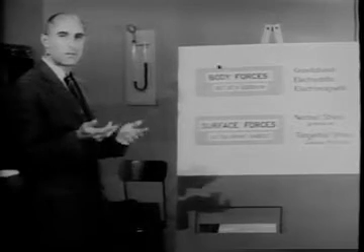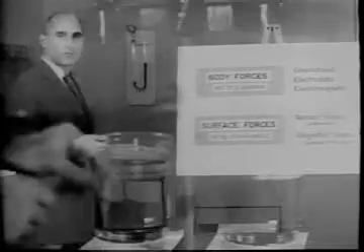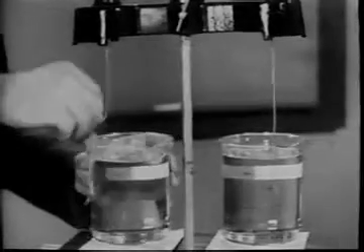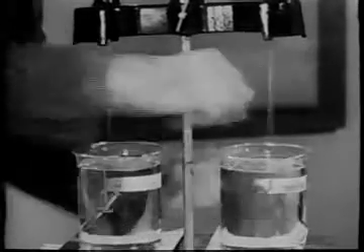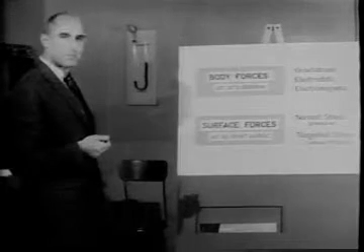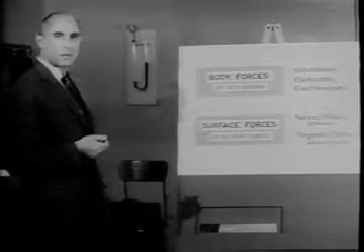But we measured only the net weights, and so the circumstances of our experiments were such that gravity was automatically compensated for. And the other body forces, electrical, magnetic, were not present in our experiments.